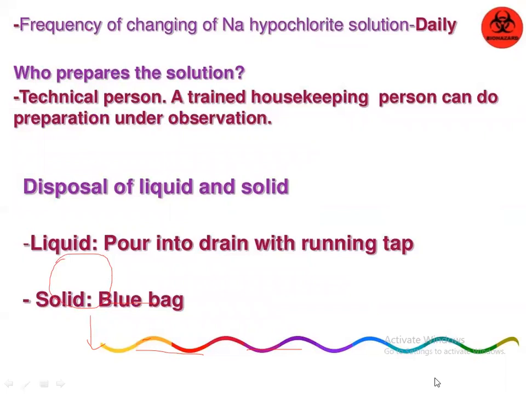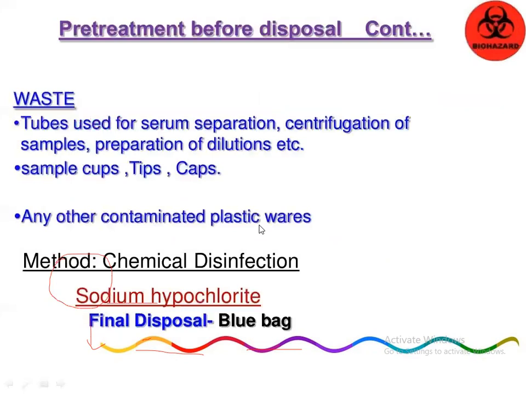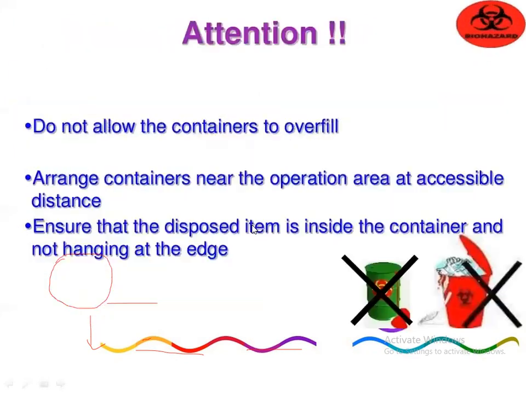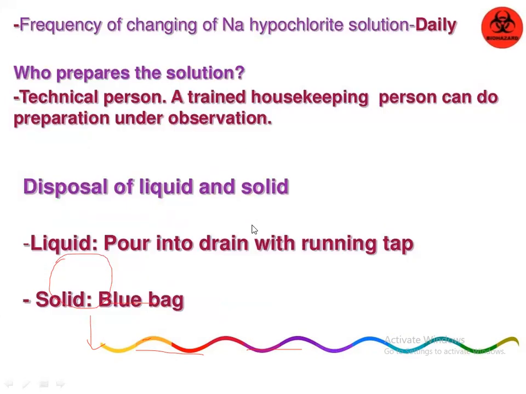Who prepares the solution? A technical person prepares the solution, a trained housekeeping person can do preparation under observation. Disposal of liquid and solid. If it is liquid waste, how do you treat it, and if it is solid waste, how is it treated? For solid waste, blue bag is used.